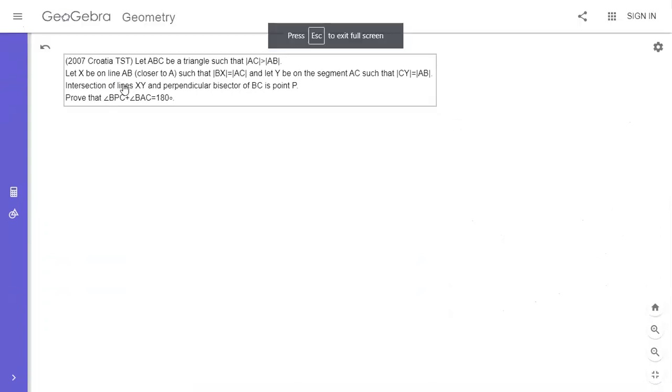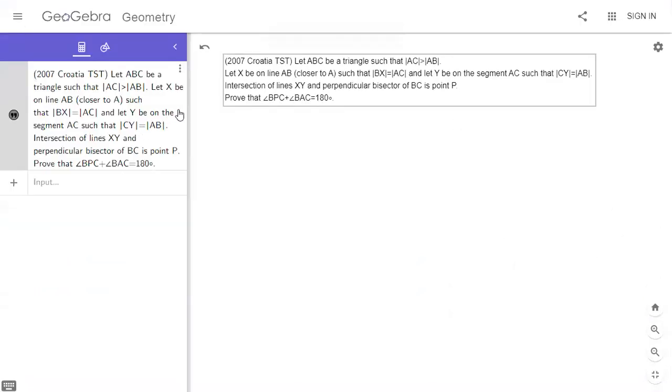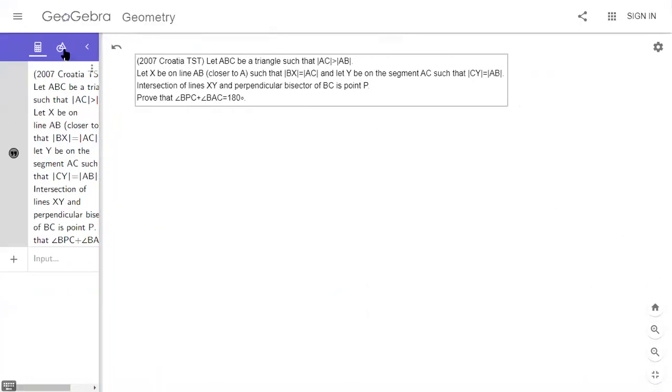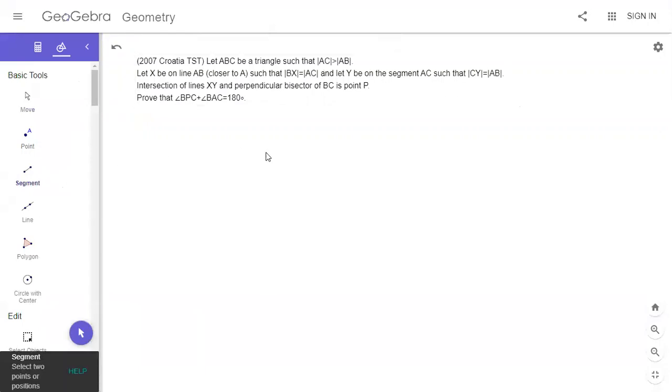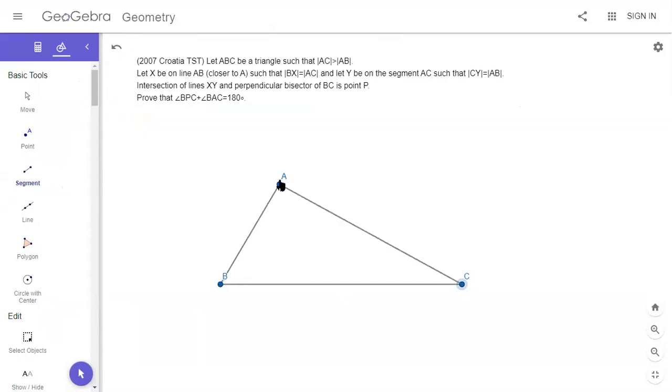I didn't LaTeX this problem yet, but you can still beat it. All right, so ABC is a triangle where AC is greater than AB. Let X be on line AB so that BX is equal to AC.